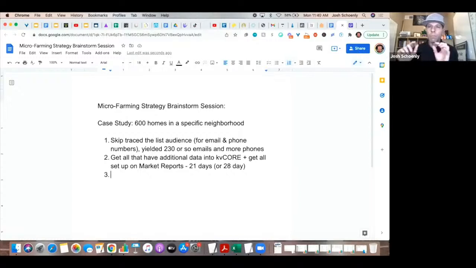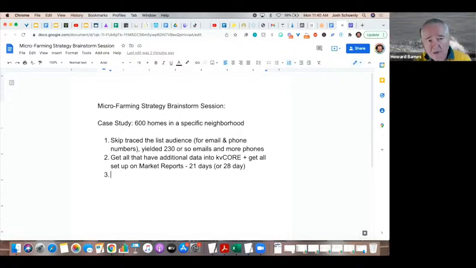I don't think you can parse it by just school district, because the data becomes too convoluted. So in this scenario, I would set them up for the zip code or the city. Out here in California, in KV Core, you can do it by tract name, and so that really narrows it down.